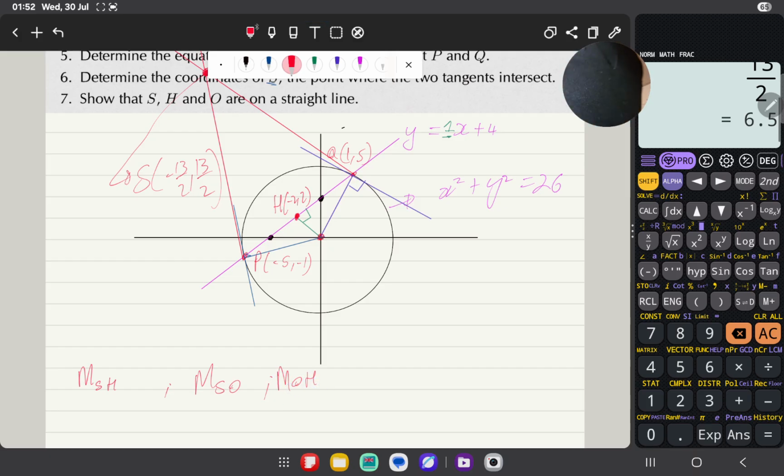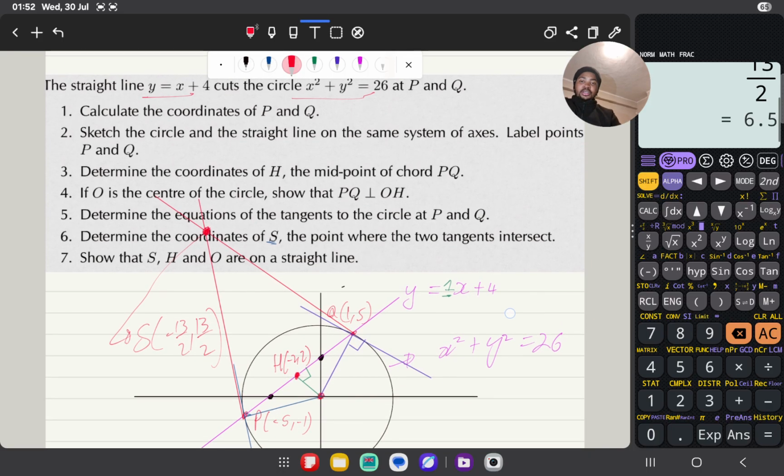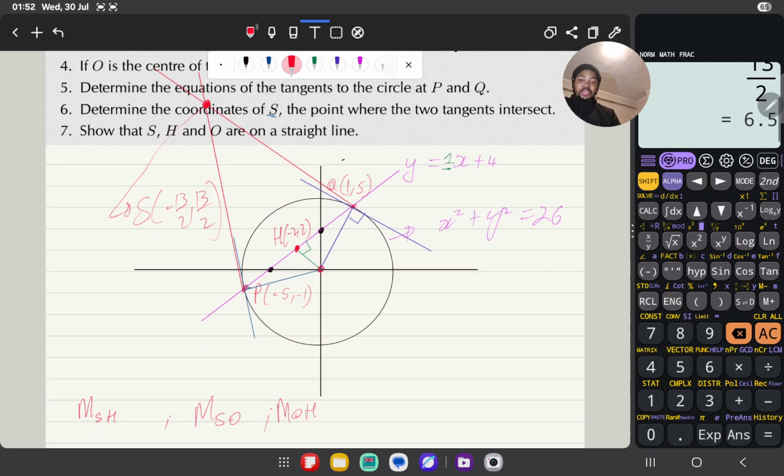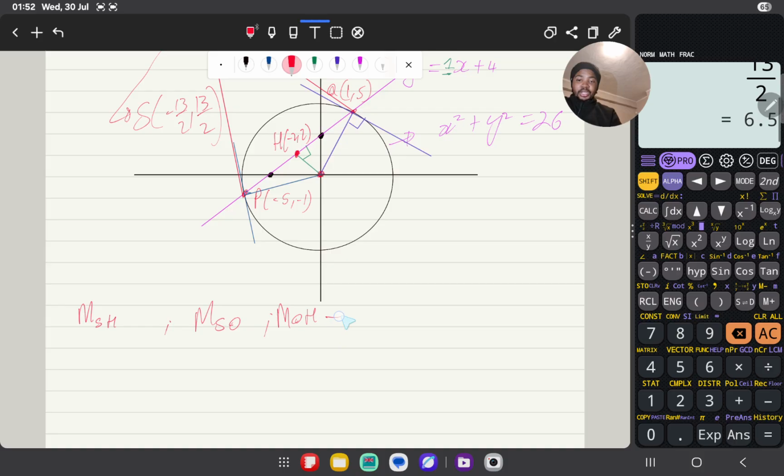I think we did find the gradient for OH when we were proving number 4, that OH and PQ are perpendicular. The gradient of OH was minus 1.